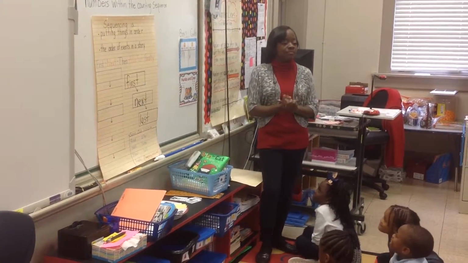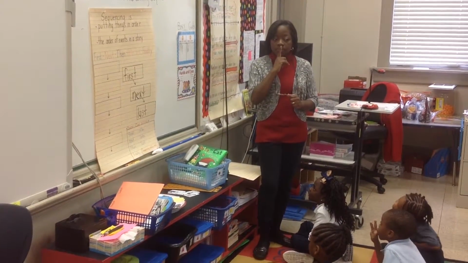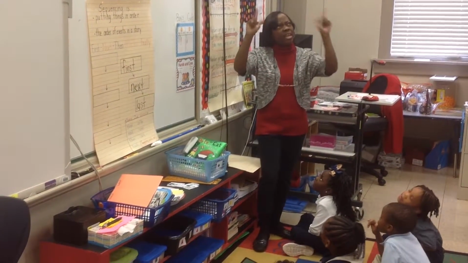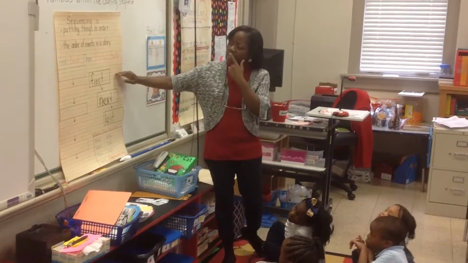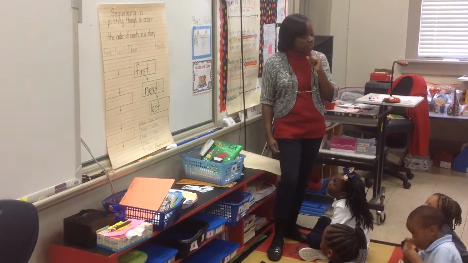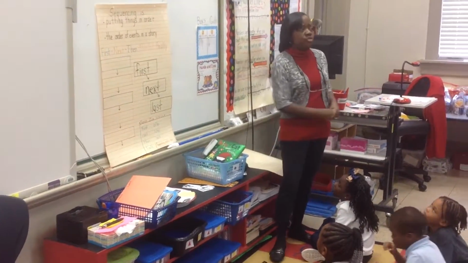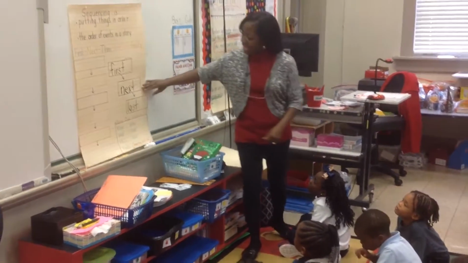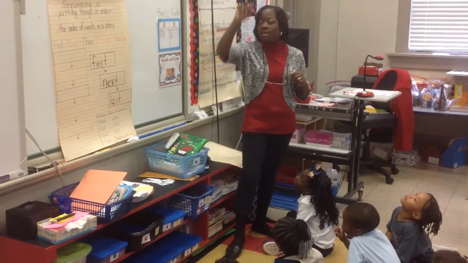Hickory Dickory Dock. The mouse ran up the clock. So the first thing he did was he ran up the clock. The clock struck one. That's the next thing that happened. The first thing that happened is the mouse ran up the clock.